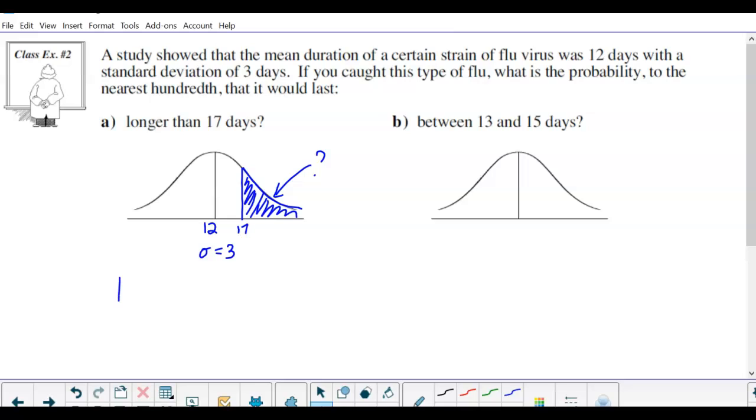So probability here is normal CDF. Now our left boundary or lower boundary is 17 and our upper one is infinity. Remember, infinity in our calculator, that's the closest we can get. Mean is 12, standard deviation is 3.